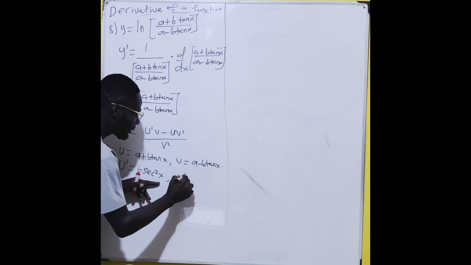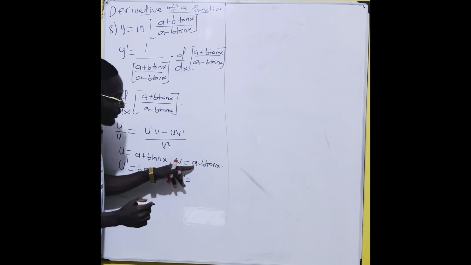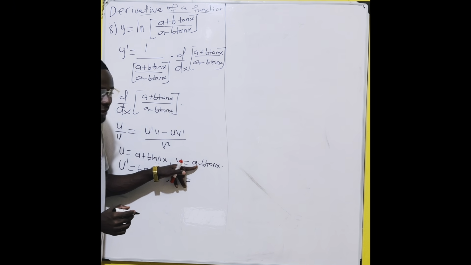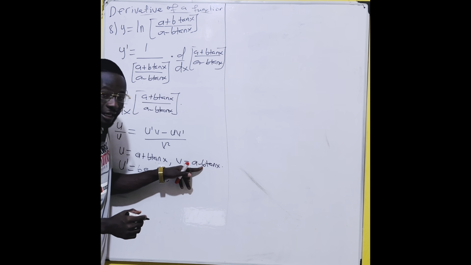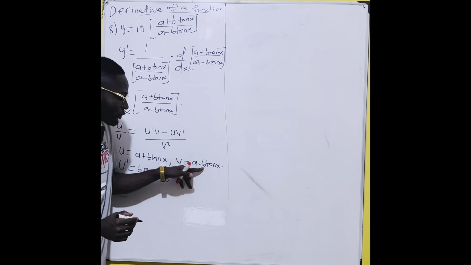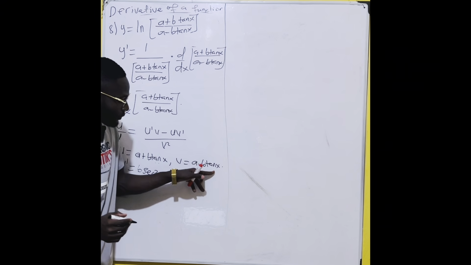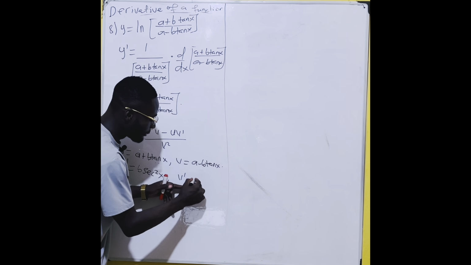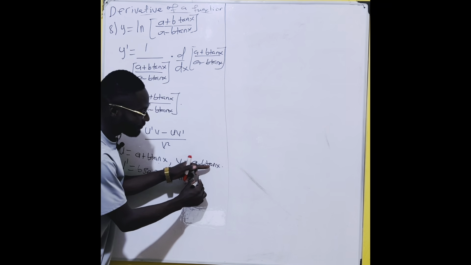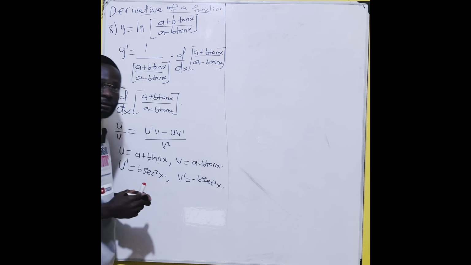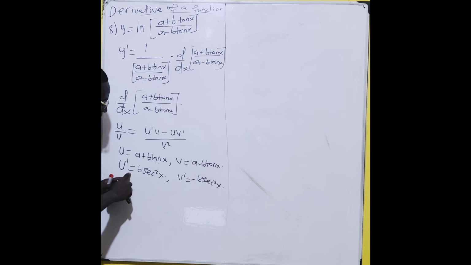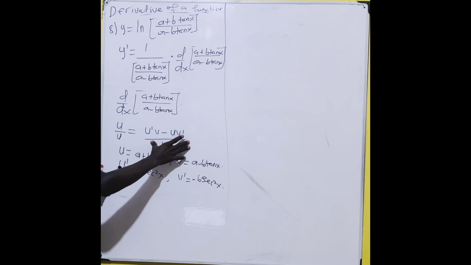Then we come to our v prime, which will be equal to, we differentiate a, which is a constant, and that goes to 0. Then we differentiate b, which is also constant, and that goes to 0. So 0 multiplied by tan x is 0. So we maintain the minus b, then we differentiate tan x, and that is sec squared x. So we have u prime, we have v prime, and as usual, we have u and v. So we are going to insert into the formula.